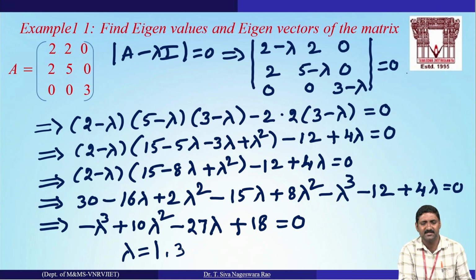If you take lambda is equal to 3, then the cubic equation is satisfied. Next, another root is 6. Since previously we substituted lambda is equal to 1 and it is satisfied by the cubic equation, by using the synthetic method we can find the remaining 2 roots. Otherwise, we can use the calculator for finding the roots of this cubic equation.